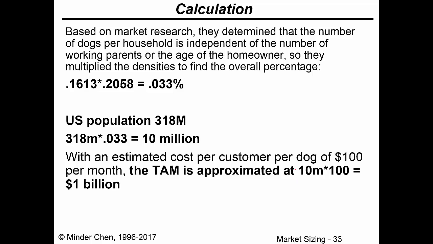Assuming that the number of dogs per household, percentage-wise, is independent of the number of working parents or the age of the homeowner, including the senior, we can multiply the densities to find the overall percentage, which means that about 0.033% in the total population owns a dog and has either working parents or a senior.